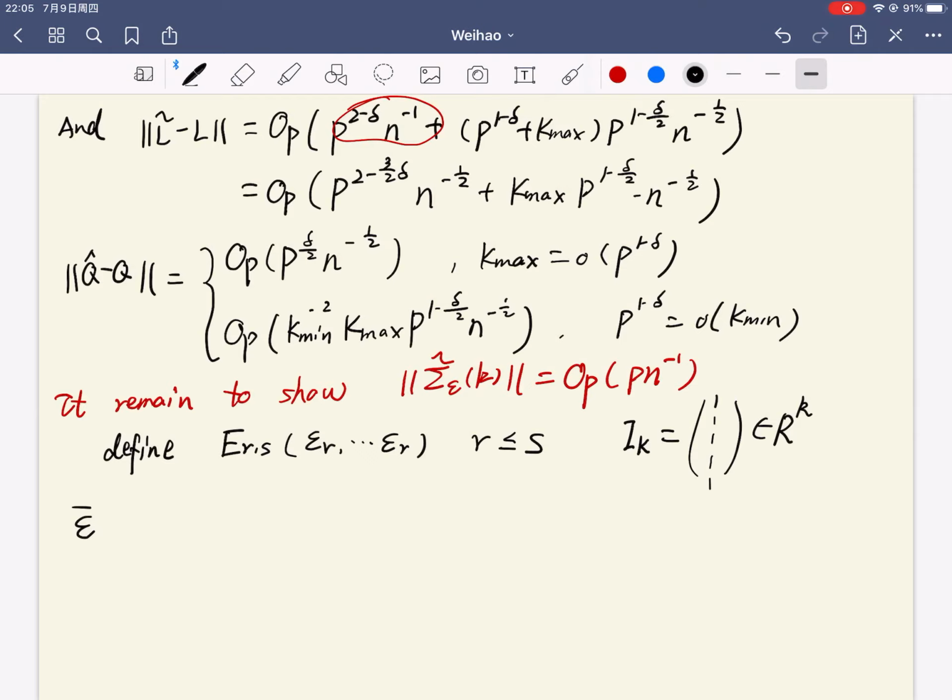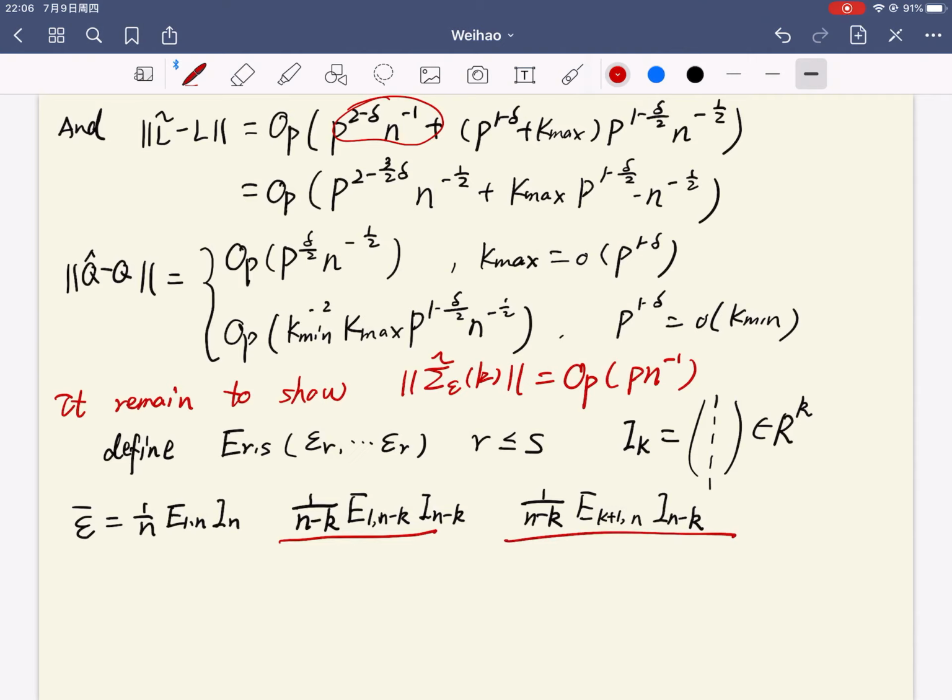Then we know the average. The reason why I write these two terms is because it can bring some convenience for our further analysis, since these three terms are asymptotically equivalent.